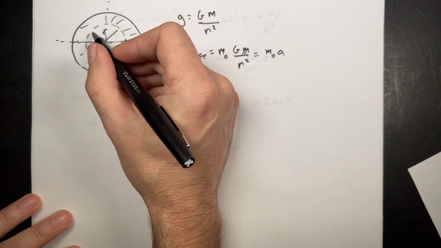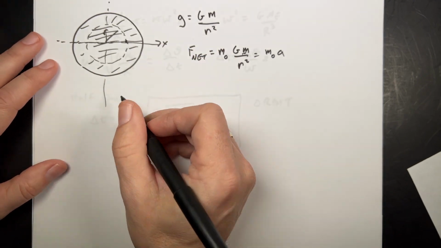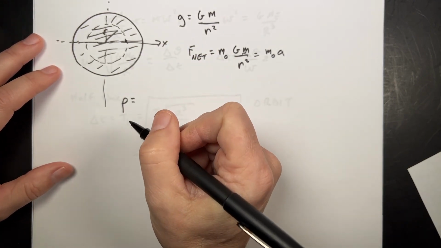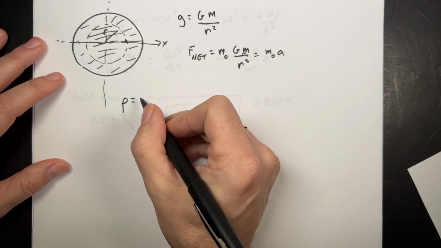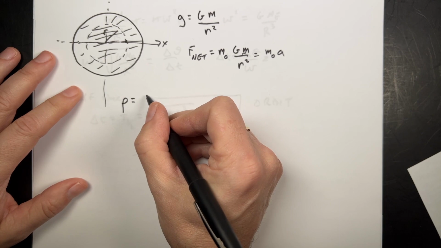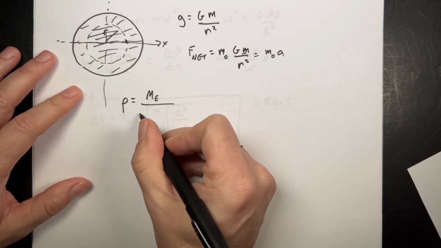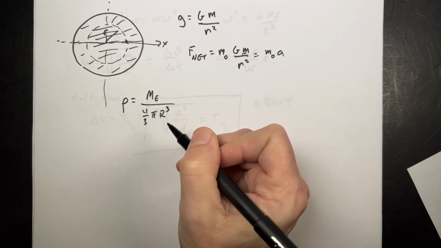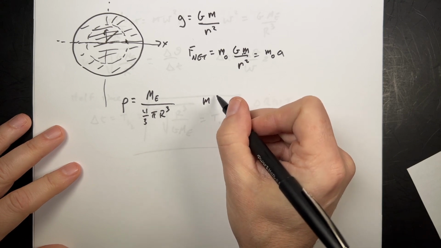So if I have this is my mass, well, let me start off with the density of the Earth. The density of the Earth is not constant, and we'll get to that in a second. But if the density was constant, then the density of this whole Earth would be the mass of the Earth, M_E, divided by the volume of the Earth, which is 4/3 pi radius of the Earth cubed. If I use that, I can find the mass inside.